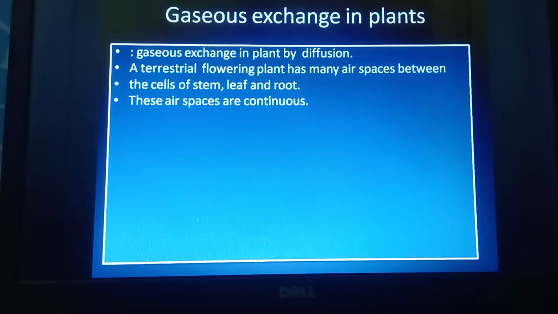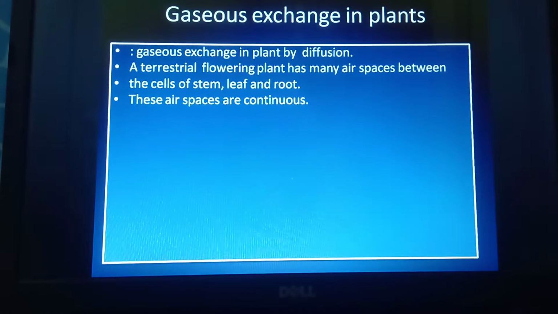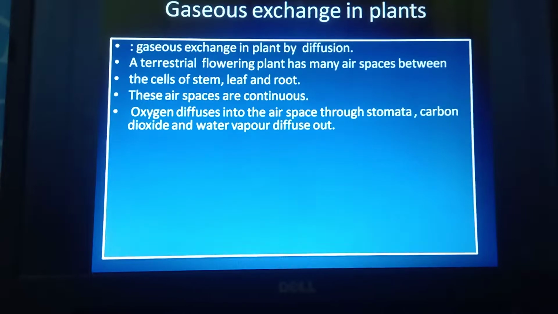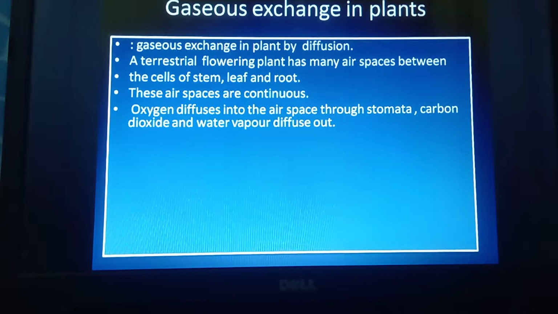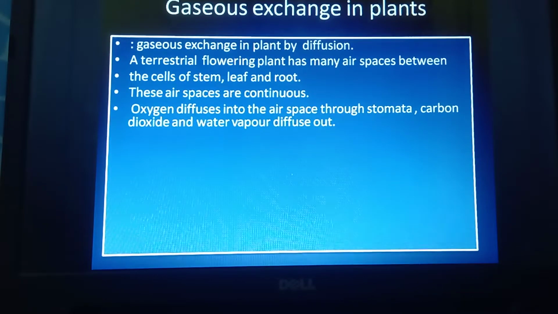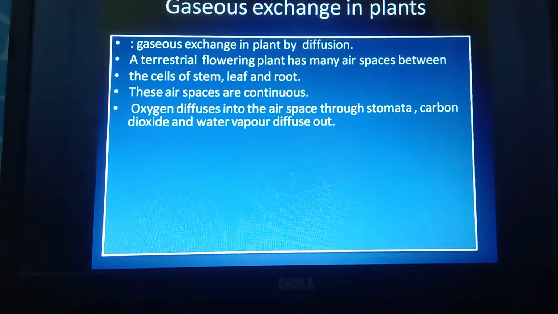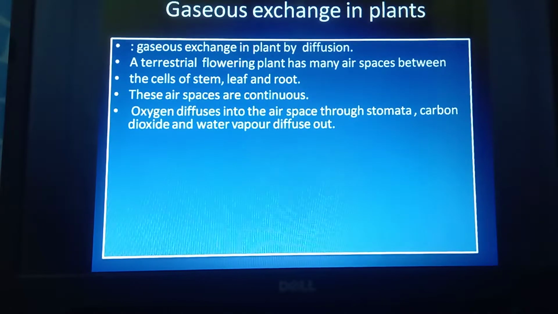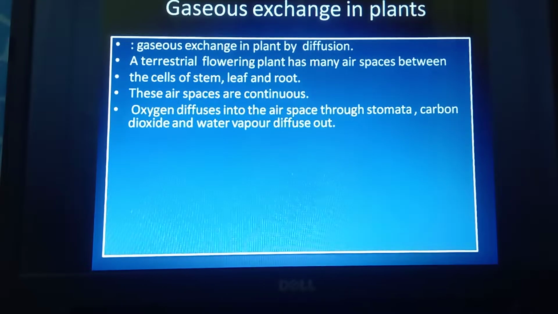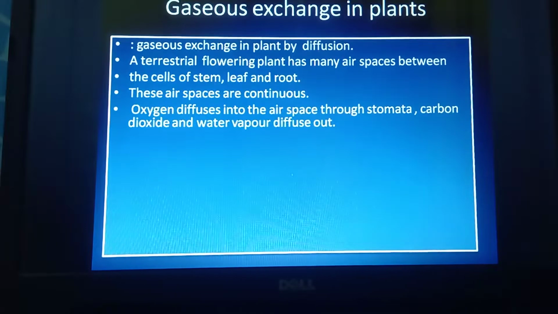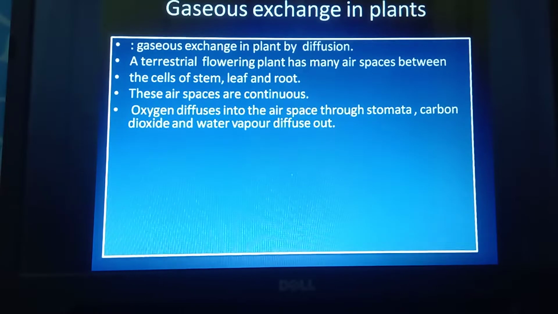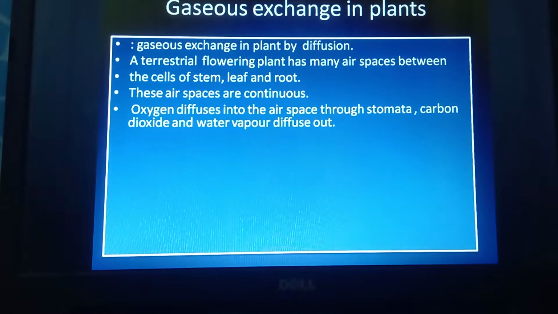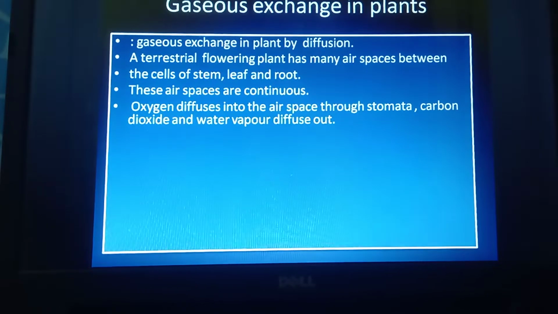Through these air spaces, a continuous flow of air occurs. Oxygen diffuses from the air into the air spaces through the stomata, and carbon dioxide as well as water vapors diffuse out from the plant tissue through the stomata into the air.